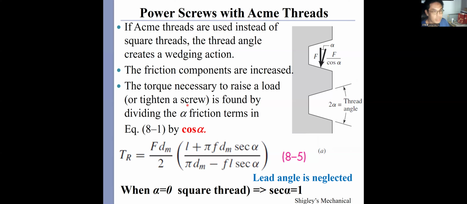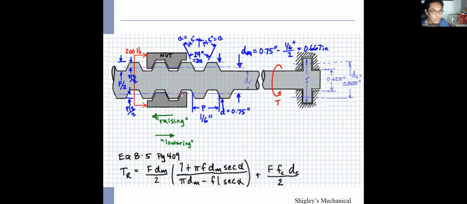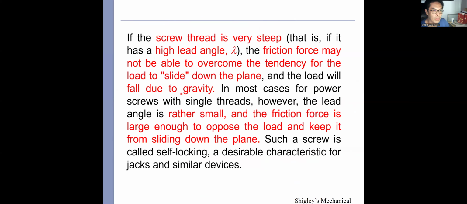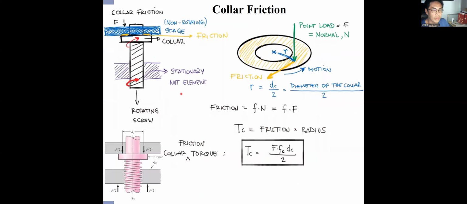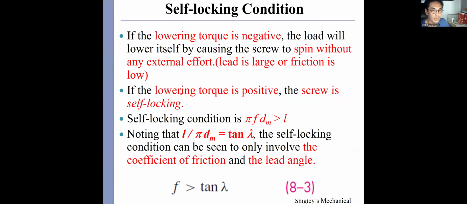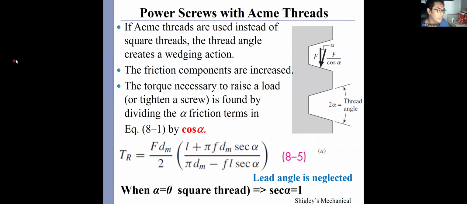Because for the square thread, the force is applied perpendicular to the thread surface.